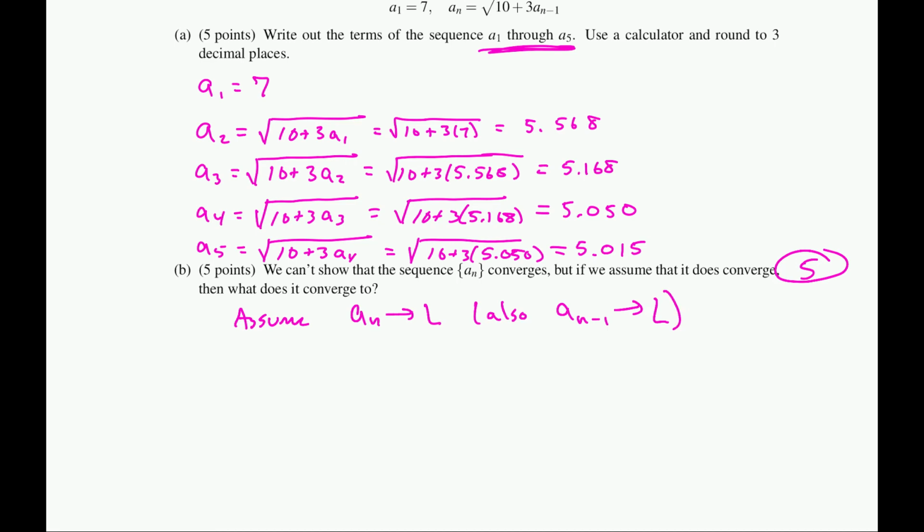If n is infinity, then this is a infinity and this is a infinity, so they're both going to be equal to the limit, whatever the limit is. So I'm assuming there's a limit there.